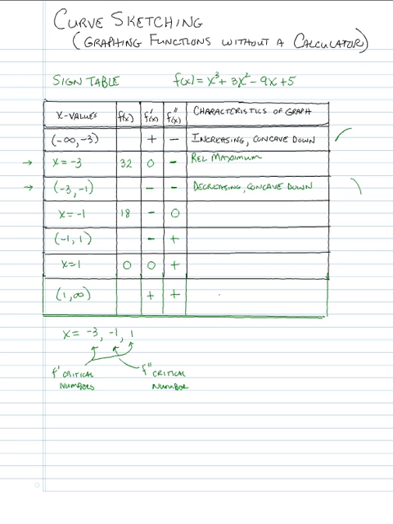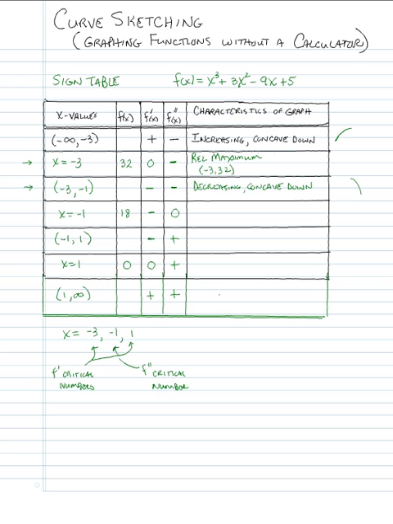Regardless, in either case, I could tell that we had a maximum. And I've already got the point listed, see? The maximum has an x value of negative 3 and a y value of 32. That was the usefulness of actually calculating that y value. The maximum is 32, but it happens at that point. And we're going to be graphing this in a moment, so knowing that point's important.